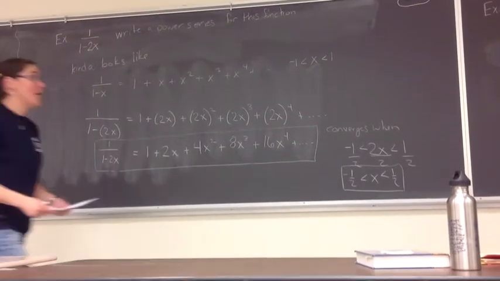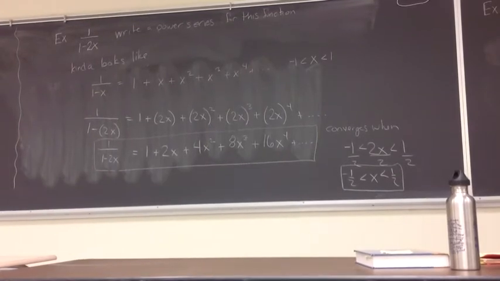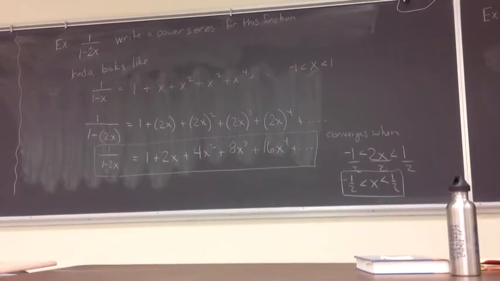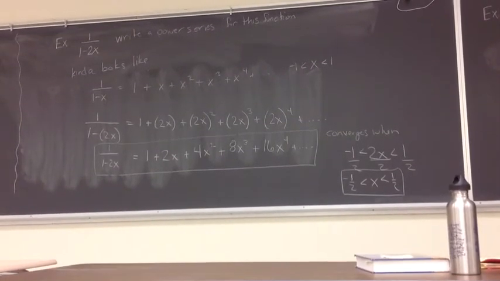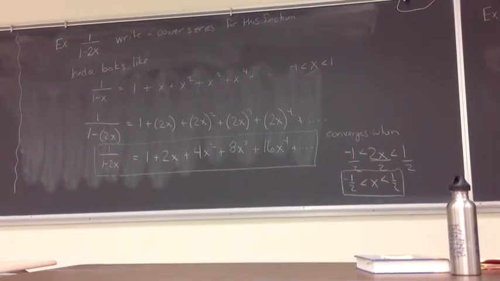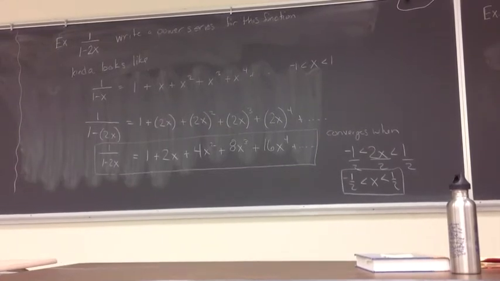So now we can look at any kind of function. You're walking down the street and a function pops out of a dark alley and it looks something like 1 over 1 minus stuff. Or if you can manipulate it and knock it around a little bit so it looks like 1 over 1 minus stuff, then you can use this power series. But there's an awful lot of functions that don't look like that. I can think of, for example, sine of x, e to the x, natural log of x.